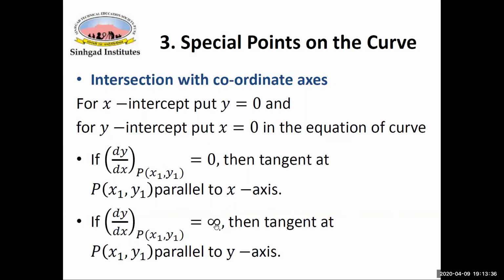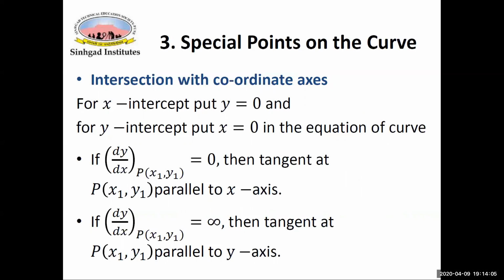And if the value is infinity, then the tangent will be parallel to the y-axis. So in short, remember that if your curve is symmetric to the x-axis, the tangent at the point of intersection will be parallel to the y-axis, whereas if it is symmetric to the y-axis, the tangent at the point of intersection will be parallel to the x-axis.